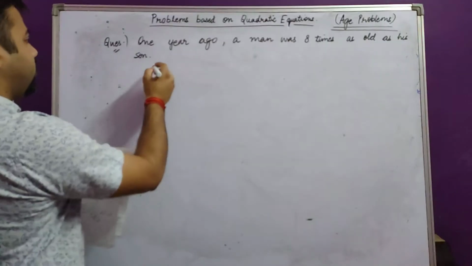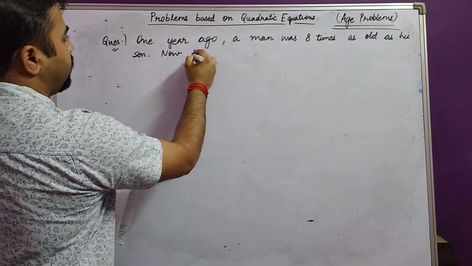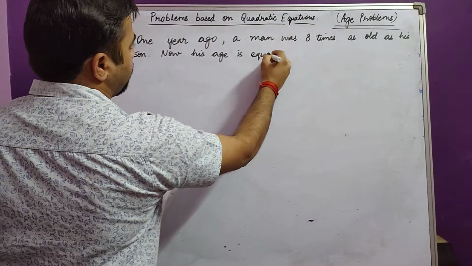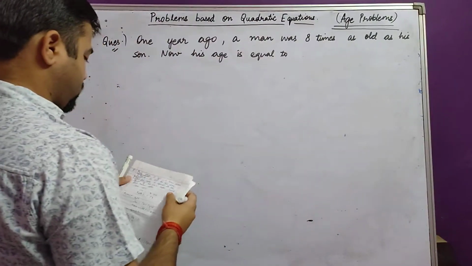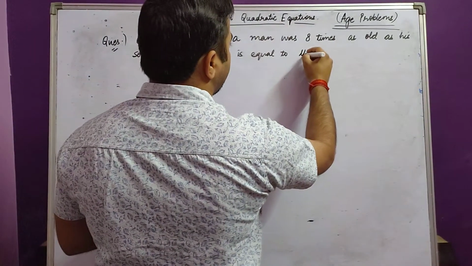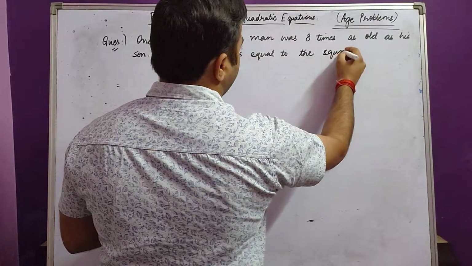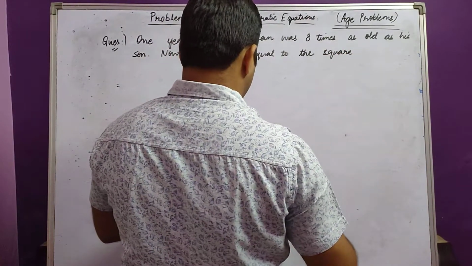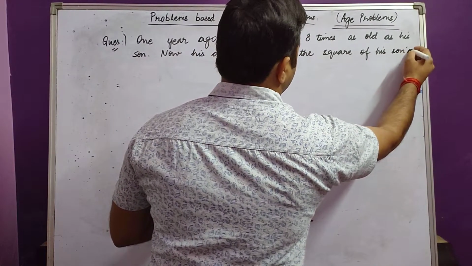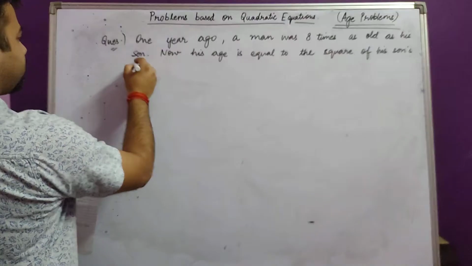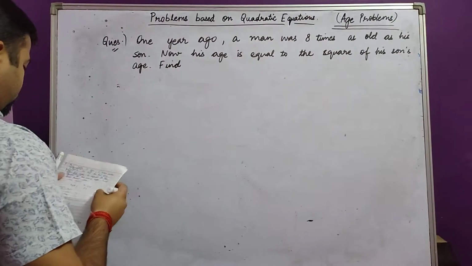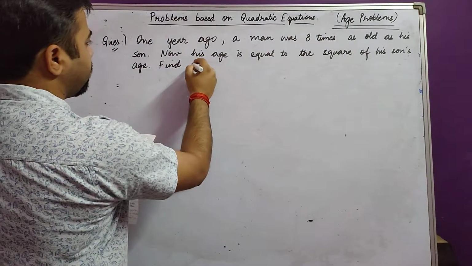Now his age is equal to the square of his son's age. Find their present ages.